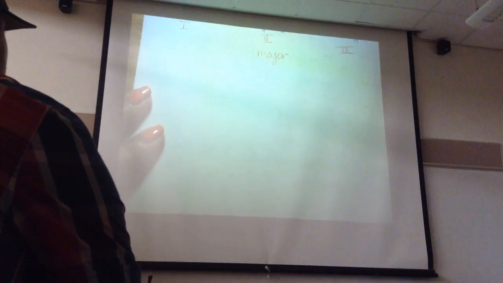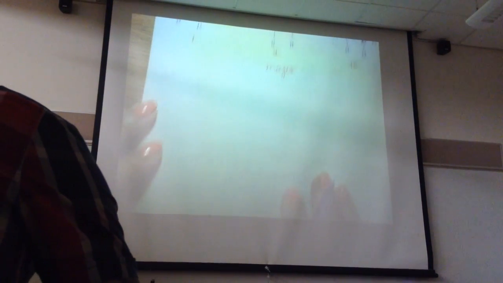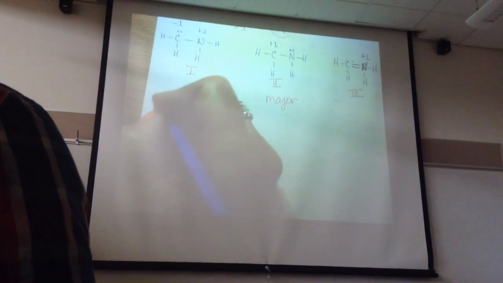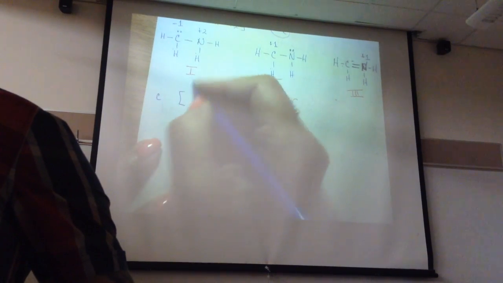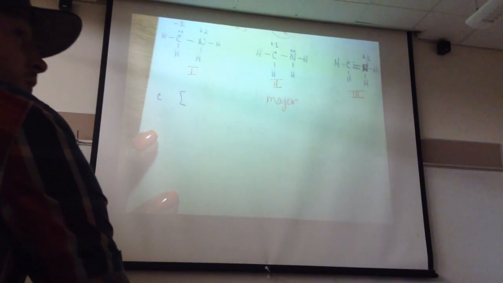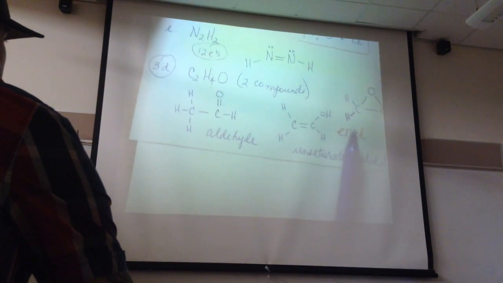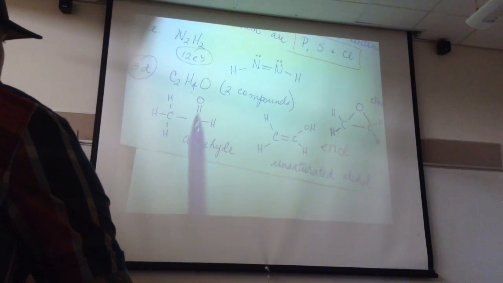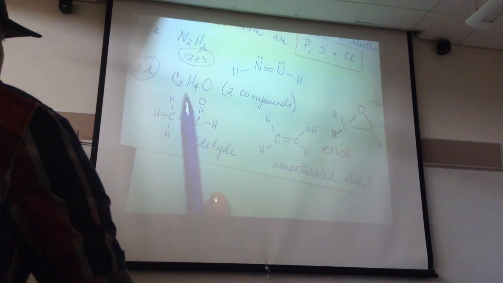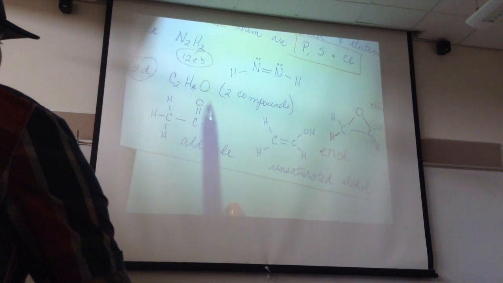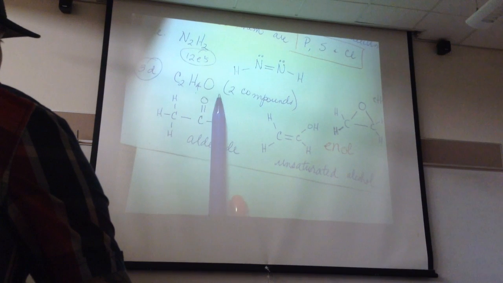All right, backing up. I already did B in class, so let's go ahead and do C here. So letter C looks like so. That has more electrons. All we were trying to do here is coming up with that molecular formula, C2H4O.